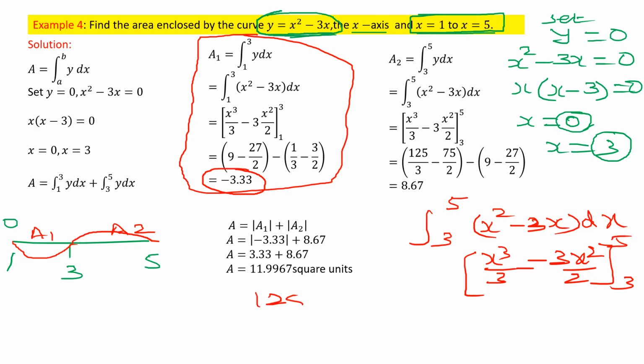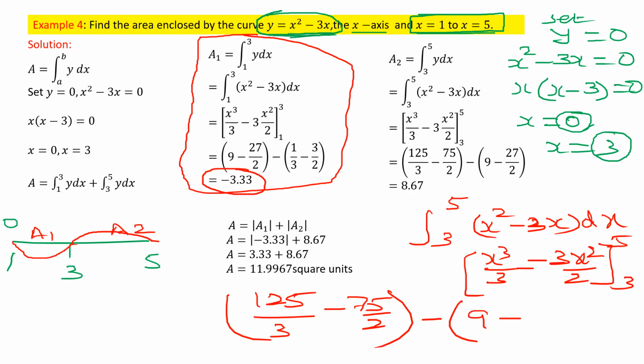First substitute the upper limit. This will give you 125 by 3 minus 3 times 25, which is 75 by 2. Then minus lower limit: 3 power 3, which is 27, 27 by 3, which is 9, minus 3 times 3 power 2, 9, 9 times 3, 27, which is 27 by 2. By simplifying this, you will get 8.67.